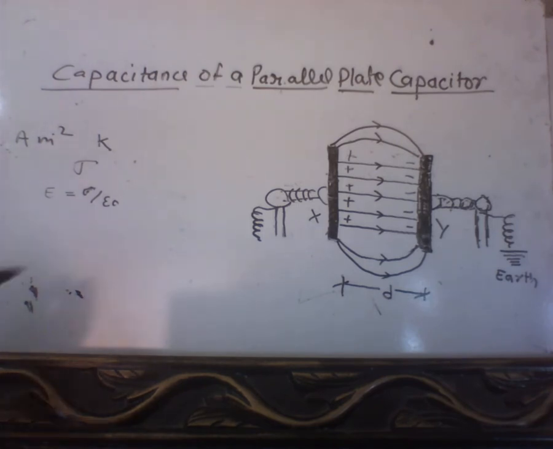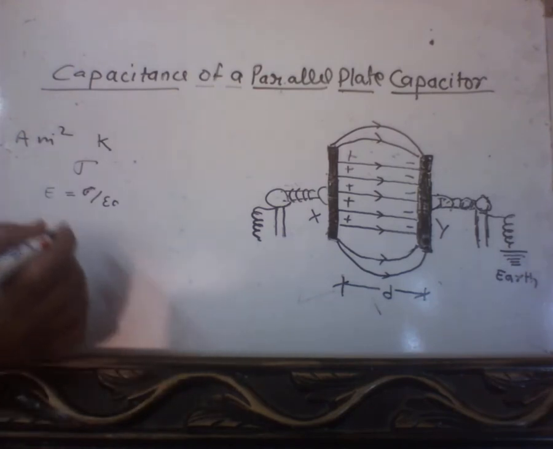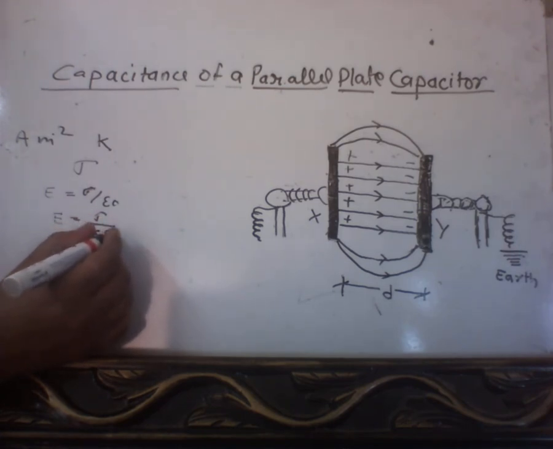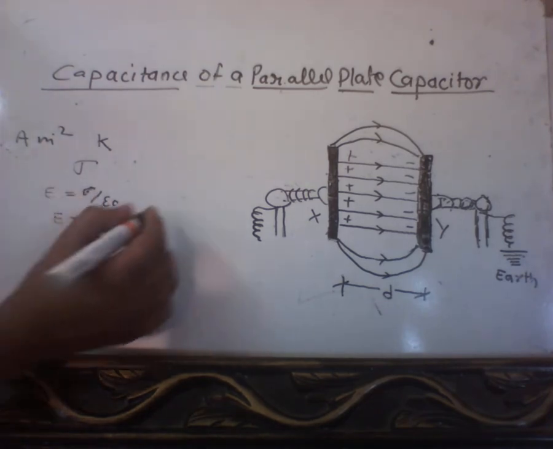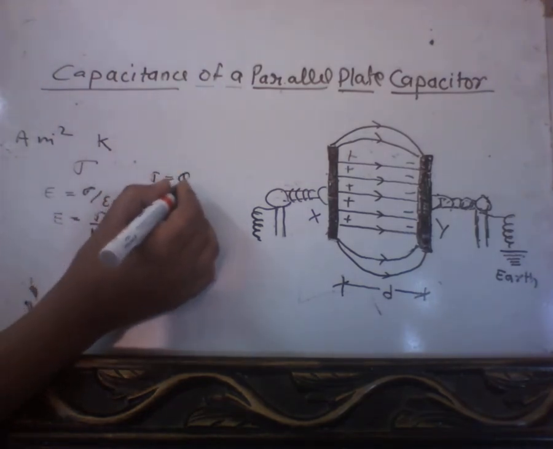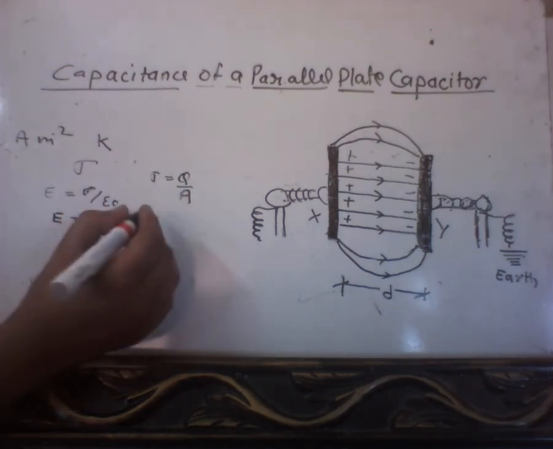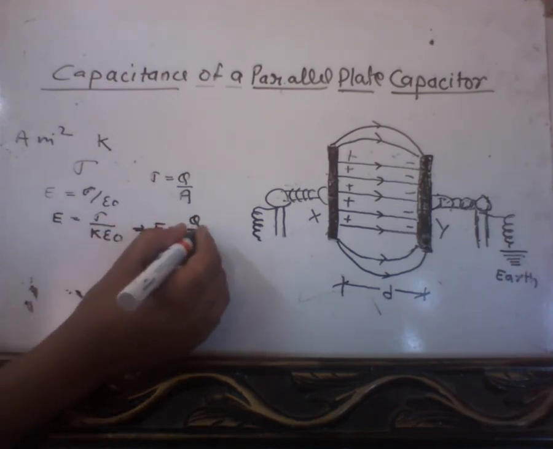Because here a dielectric of dielectric constant K is placed, the intensity will be E equals sigma upon K epsilon naught. Now we know that sigma equals Q by A, so the value of intensity E is equal to Q upon K epsilon naught A.